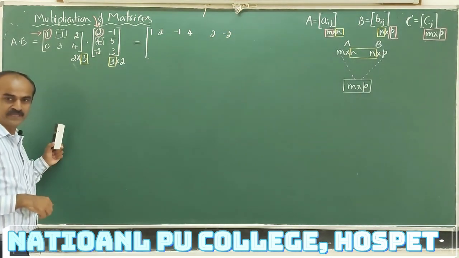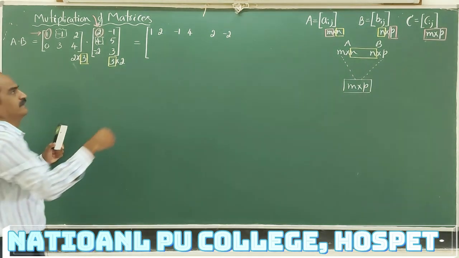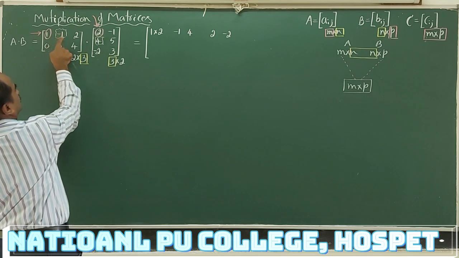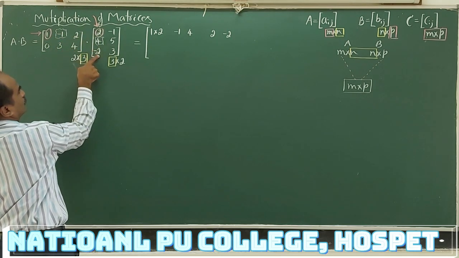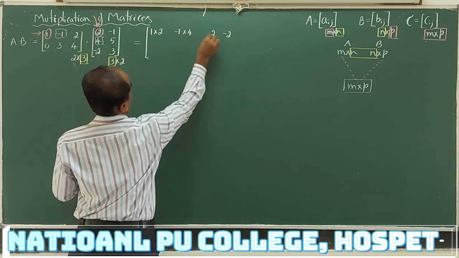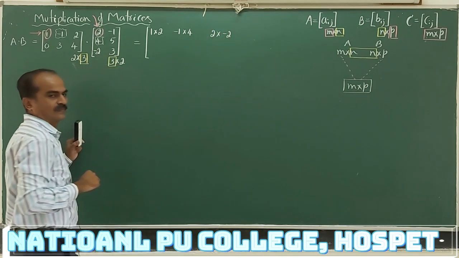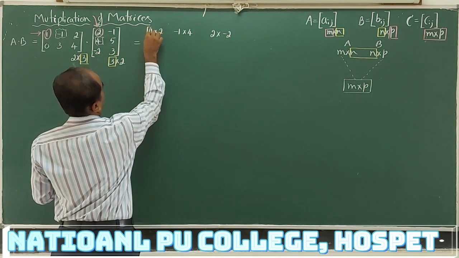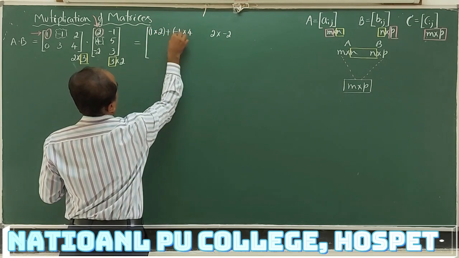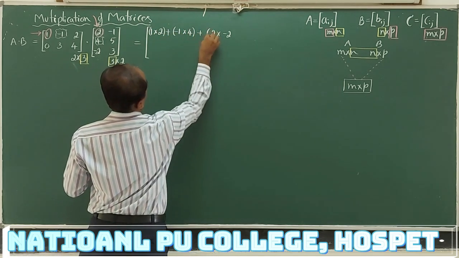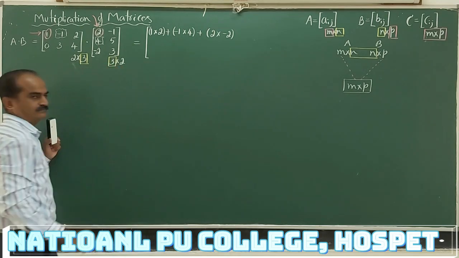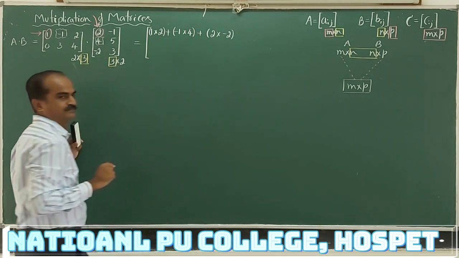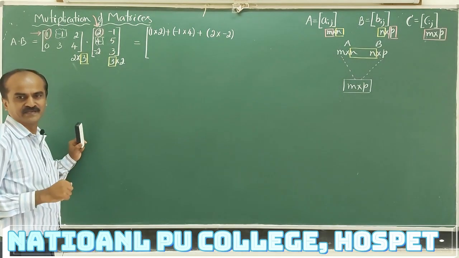After making pairs of elements like this, you have to multiply them. 1 with 2, minus 1 with 4, 2 with minus 2. After multiplying, you have to add. The value of this expression will give us the element in the resulting matrix.